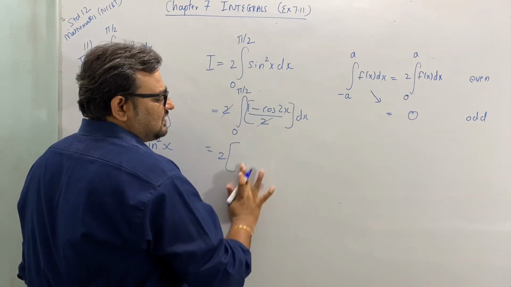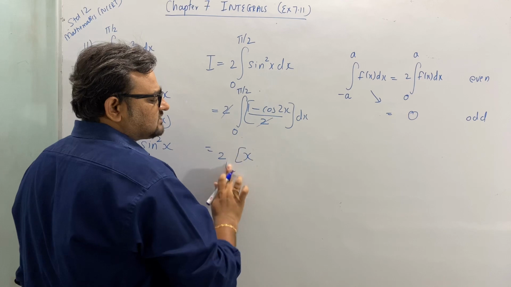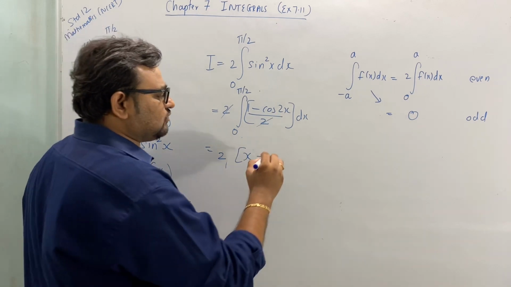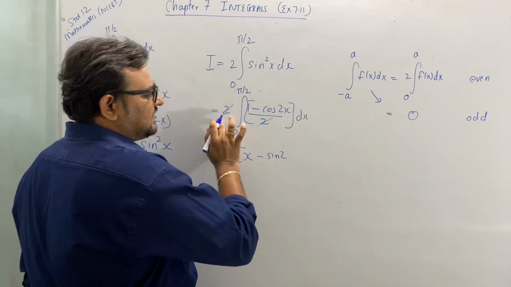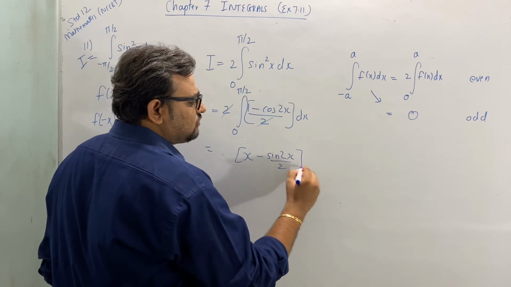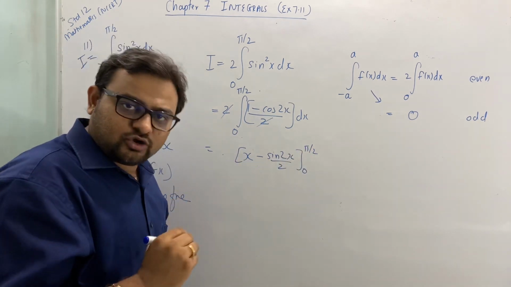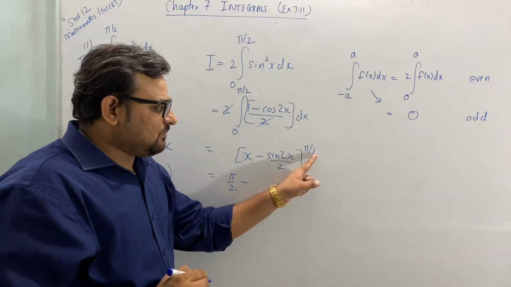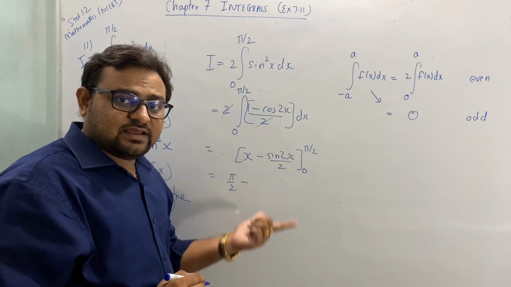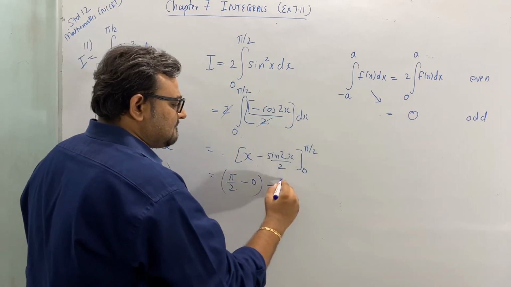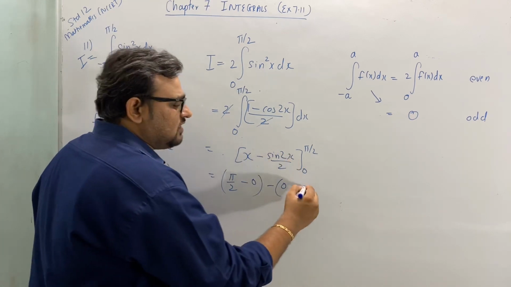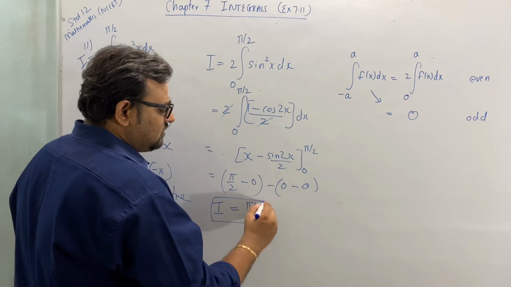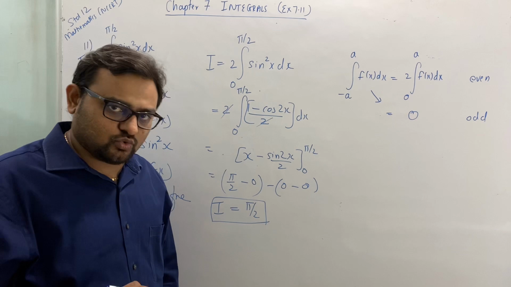Let's put the value: pi by 2 minus sin pi by 2 into 2, that is sin pi, whose value is 0, minus 0 minus sin 0, again 0. So your answer is I is equal to pi by 2.